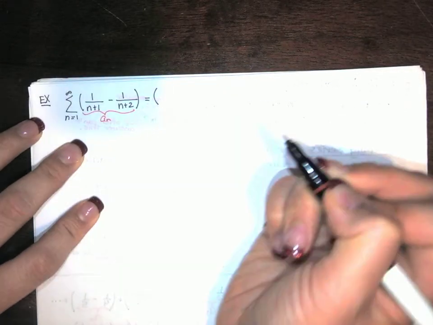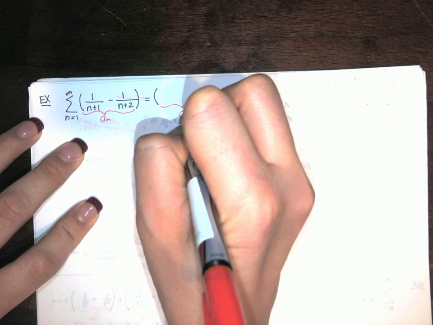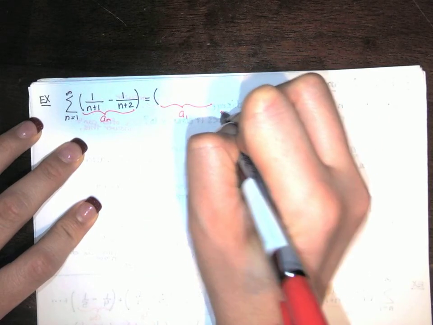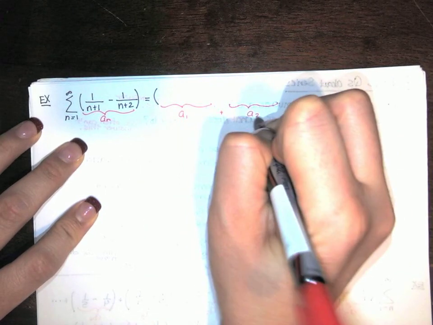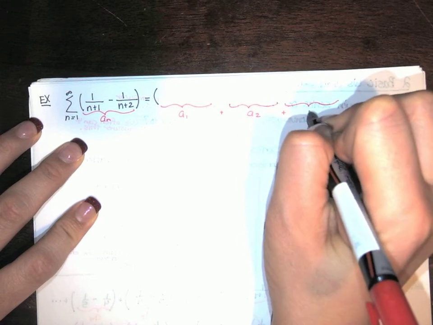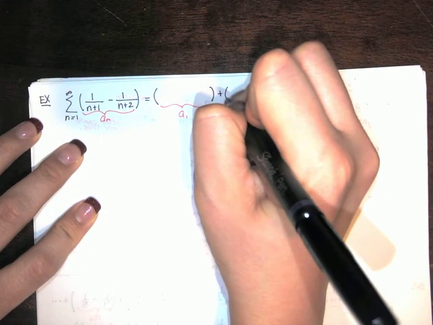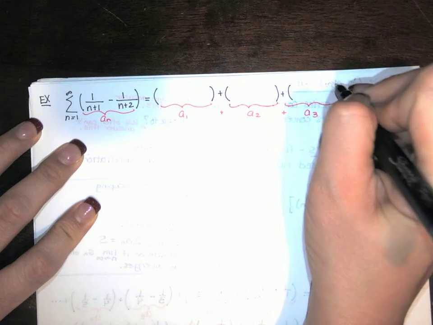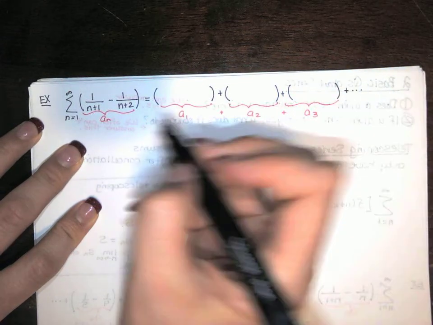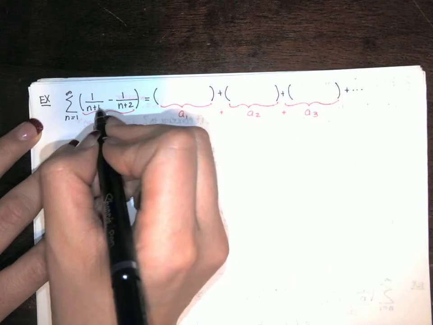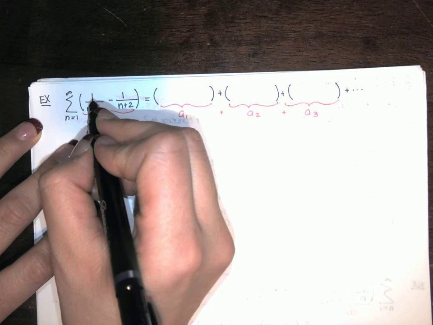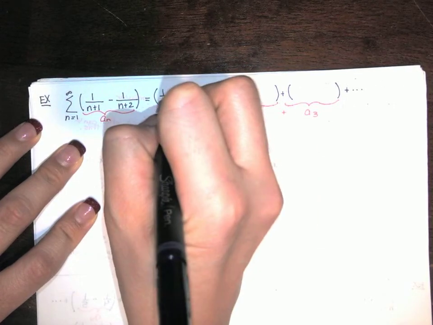This is my a sub n. I want to find a sub 1 and a sub 2 and a sub 3, and we're going to add all of those together. A sub 1 comes from plugging in n equals 1 to this. 1 over 1 plus 1, that's 1/2.